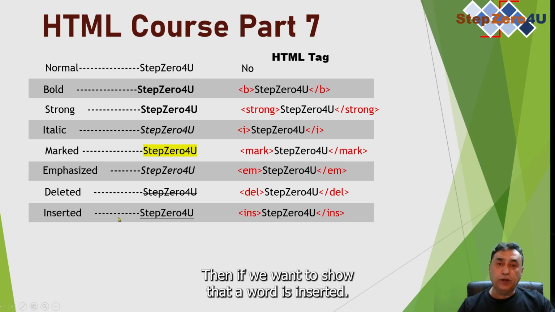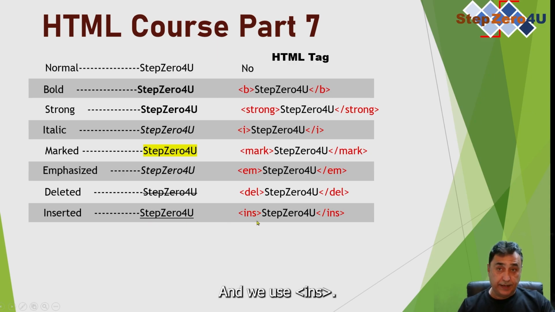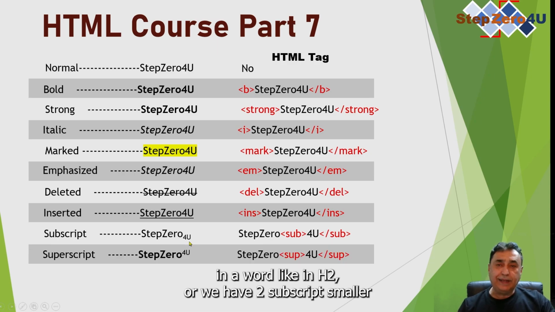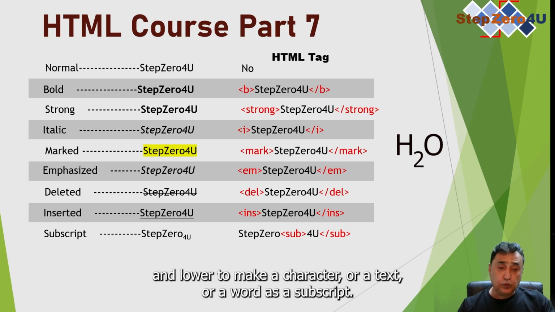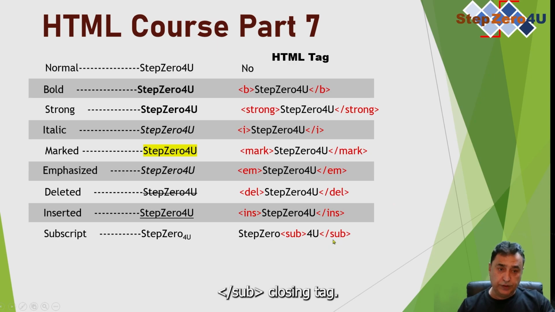Then if we want to show that a word is inserted in the text, the inserted word is shown with an underline, and we use the ins tag. Then sometimes we need a subscript in a word, like in H2O we have a 2 as subscript, smaller and lower. To make a character or a text or a word a subscript, we put the sub tag before the text and the sub closing tag after.